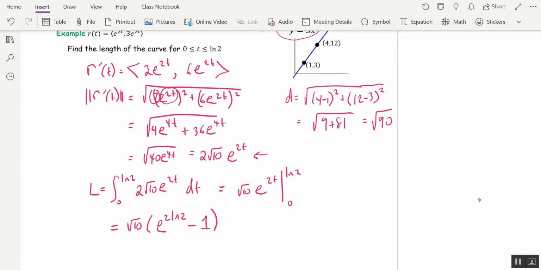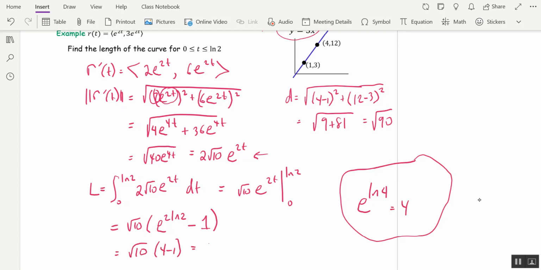E to the 0 is 1. Now to do e to the 2 ln2, I'll do it on my scrap paper over here. That's e to the ln4, because you bring the 2 up as an exponent, and that's just 4. So we've got root 10 times 4 minus 1, which is 3 root 10. And that's the same as the square root of 90. Same answer. No surprise there.